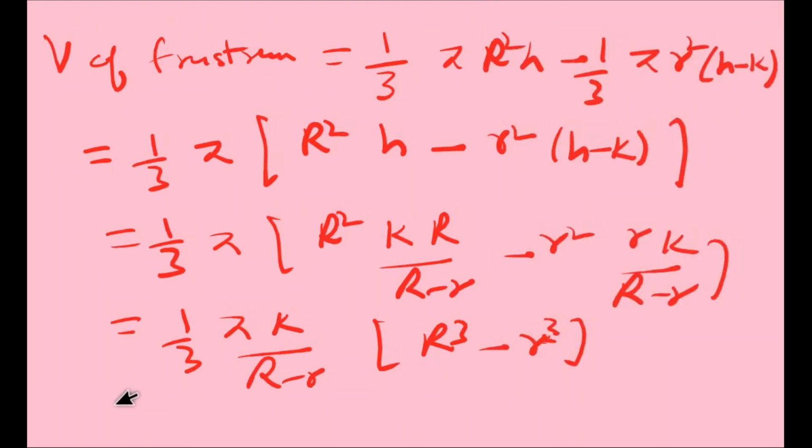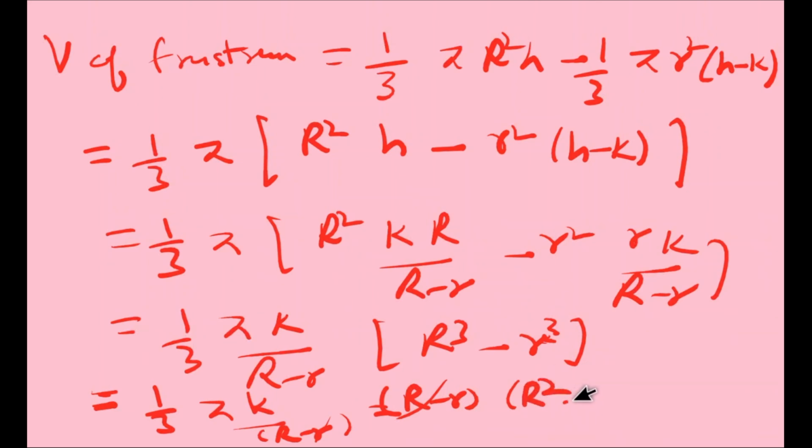And we can solve more using the factor here. So what do we get using the factor? That is 1 by 3 pi k upon R minus r into R minus r, this cancels out, and R square plus R r plus r square.